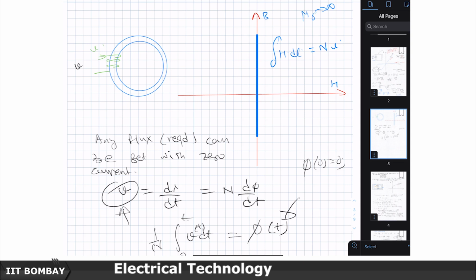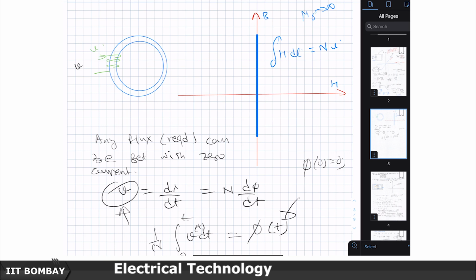This is a philosophy that you can capture here. Usually, what is the flux being set up? We use the equation V equal to d psi by dt, or n d phi by dt, with the initial condition on the flux available in the magnetic circuit, to find out the flux. Once the flux is found, you divide it by the area of cross section to get B. Then you divide by mu 0 mu r, and you will get H. But what is H?